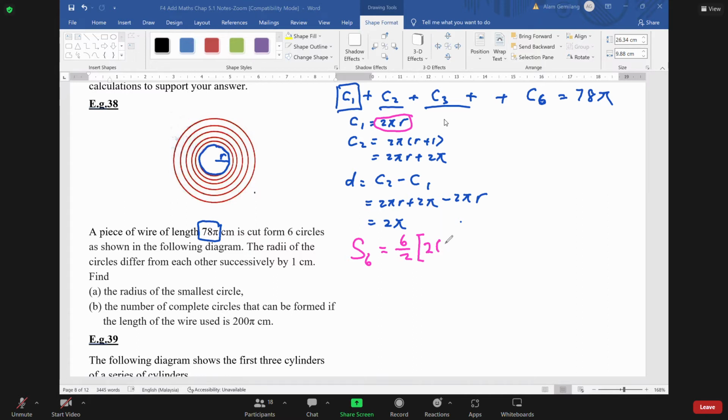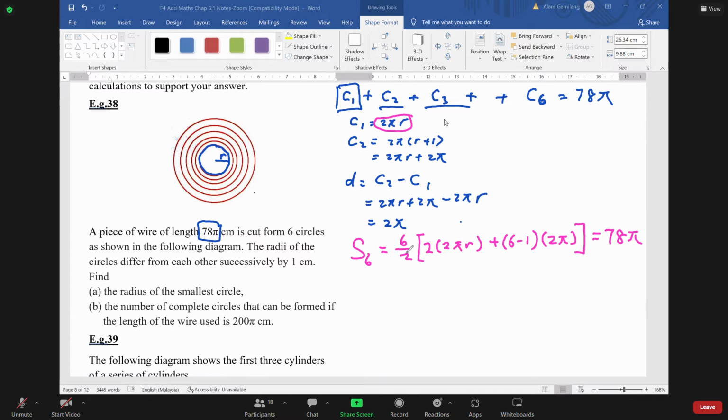Then plus 6 minus 1 times D. D is 2 pi, right? So it equals to 78 pi. Here there is only one variable, r only. So you just find the r.